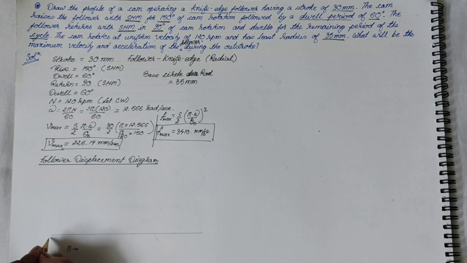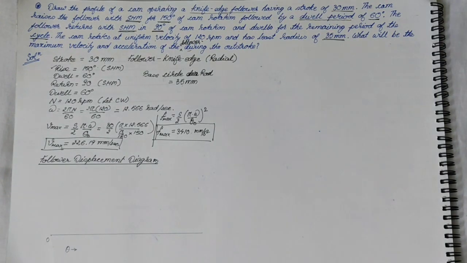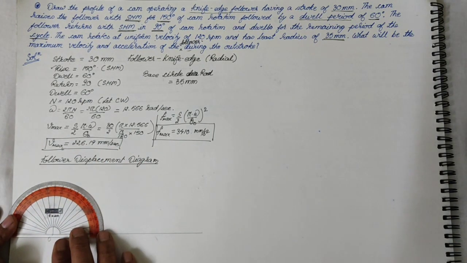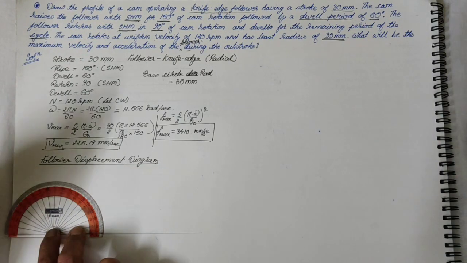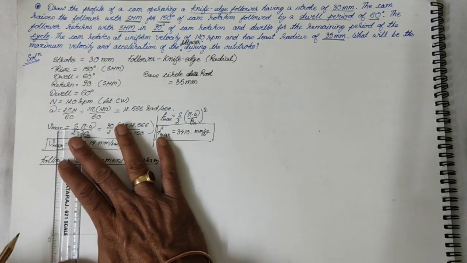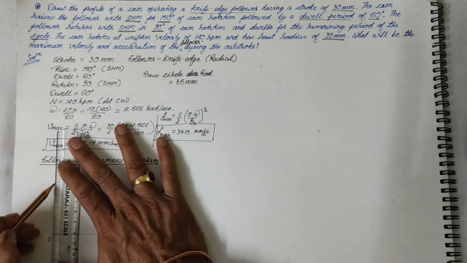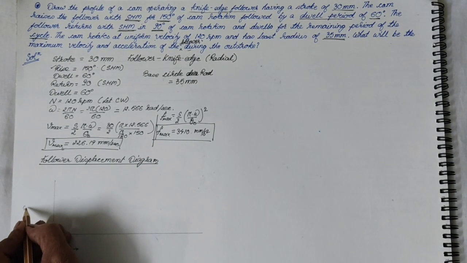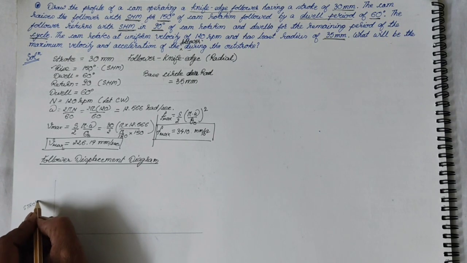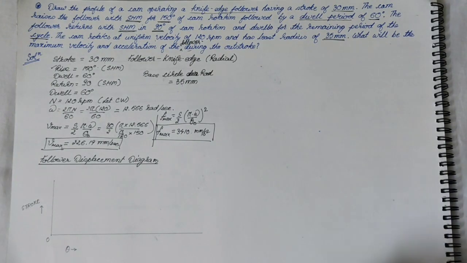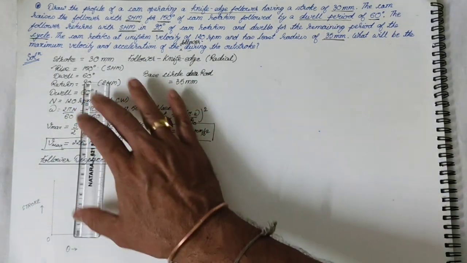So we take this as the reference point 0, and perpendicular to it we have to take this as the y-axis, and this will be the stroke or the lift, which is given to us as 30 millimeters.